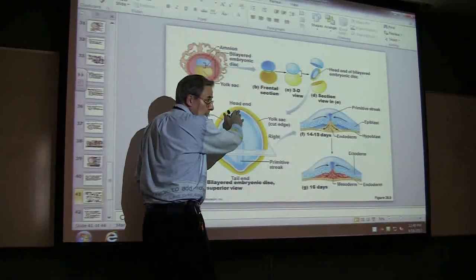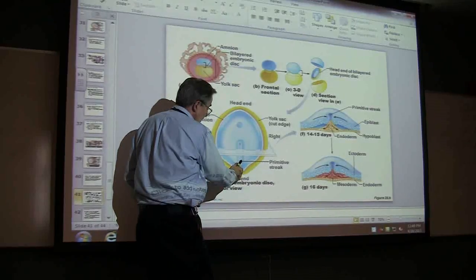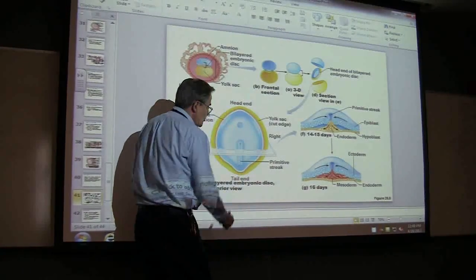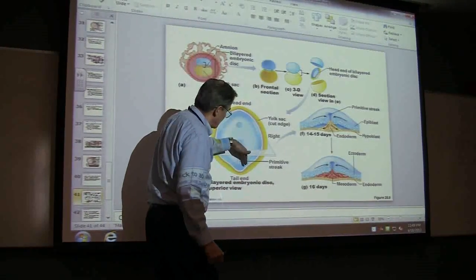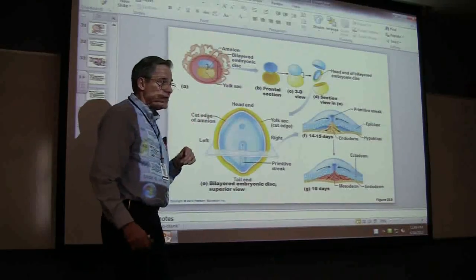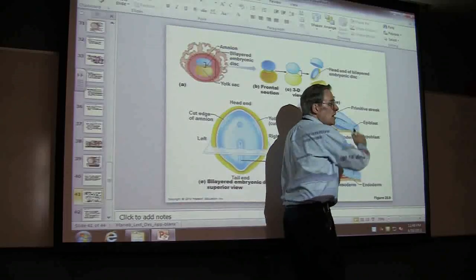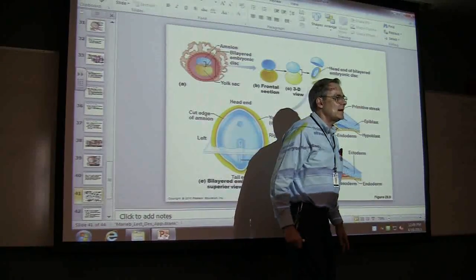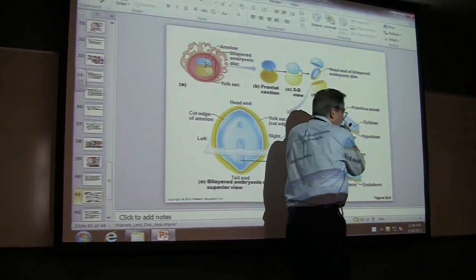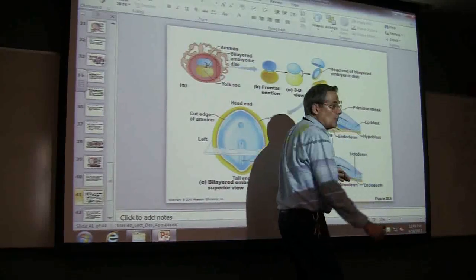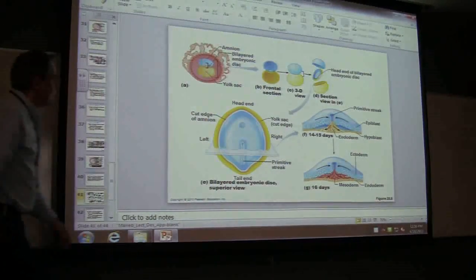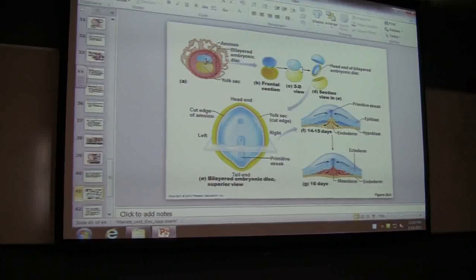This would be the head end, what becomes the head end of the embryo. This is the tail end. There's a little slit here, which is called the primitive streak, close to the posterior end. What's going to happen is, in gastrulation, cells are going to migrate across the surface of the embryo on the amnion side, pass through the primitive streak, and spread out below. This is gastrulation.